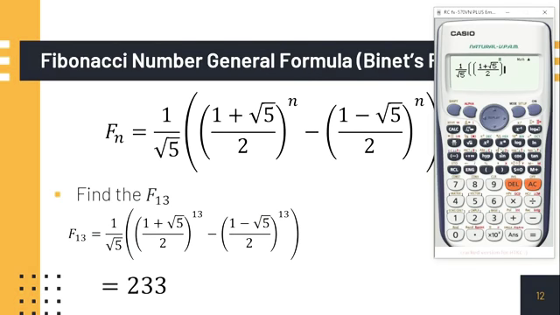This one. And then pindutin nyo lang to. Okay, ilagay nyo dyan yung 13. And then right arrow, then minus. Lagyan ulit ng open parenthesis. And then yung fraction var. Then 1 minus square root of 5.